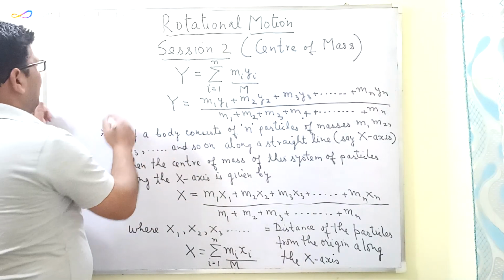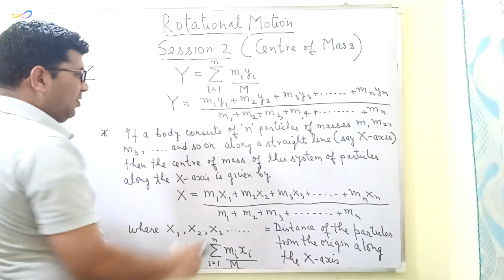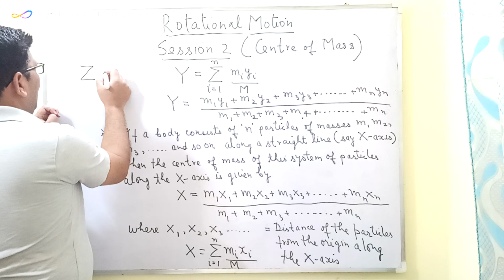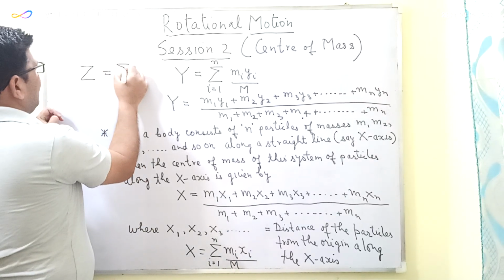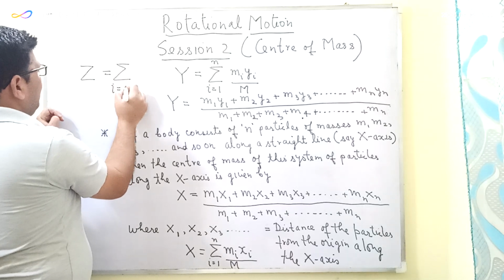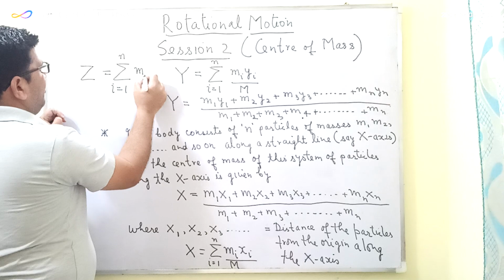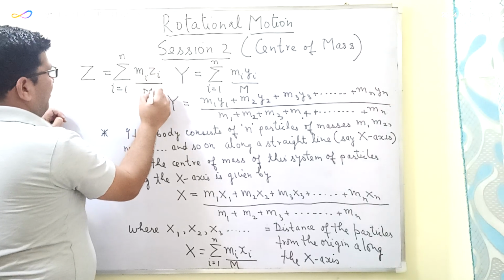Similarly, we can also write the center of mass of this system of n particles along the z-axis as z equal to the summation of mi zi divided by m.